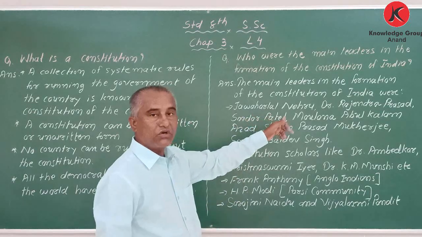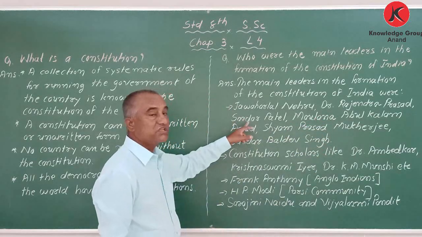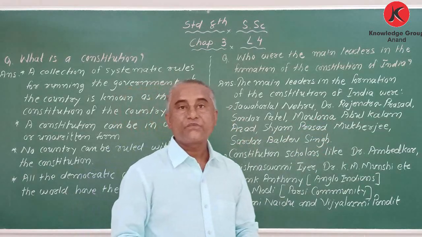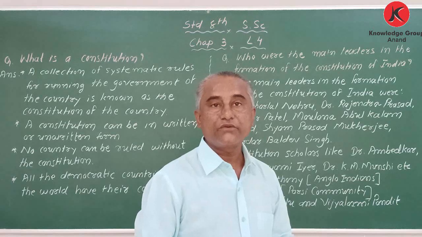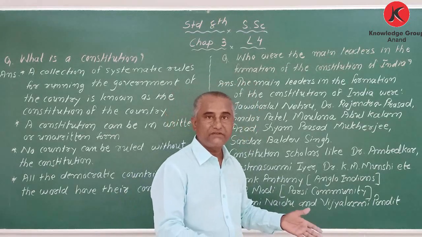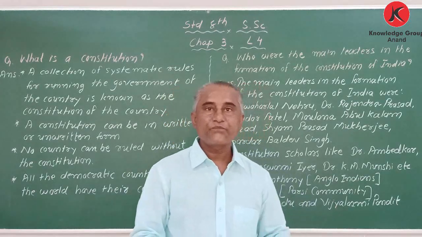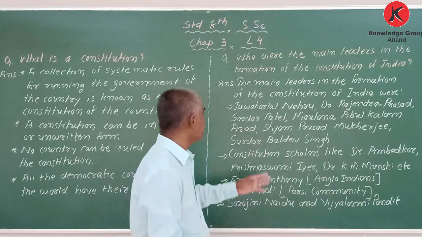So the main leaders: Jawaharlal Nehru, the first Prime Minister; Dr. Rajendra Prasad; Sardar Vallabhbhai Patel, we are familiar with him, and we are living and learning in his village only, near Karamsad.